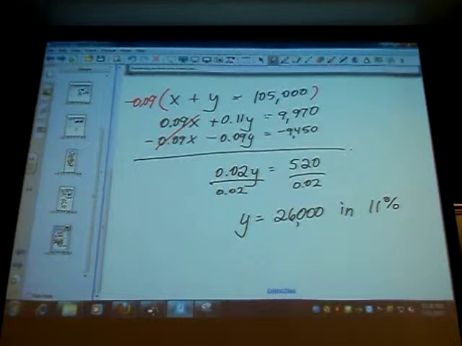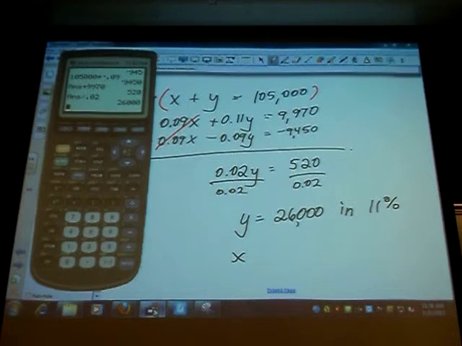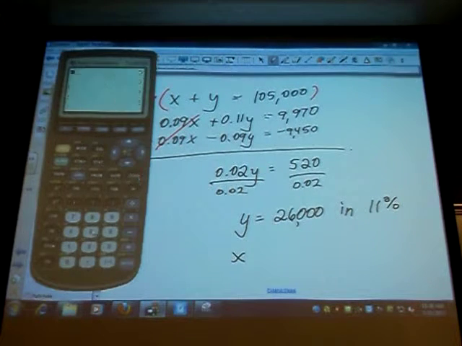Okay, and then to find your x, if I had $105,000 total, then you just subtract 26,000 from that to get your leftovers. Just do 105,000 minus 26,000. That gives you $79,000.